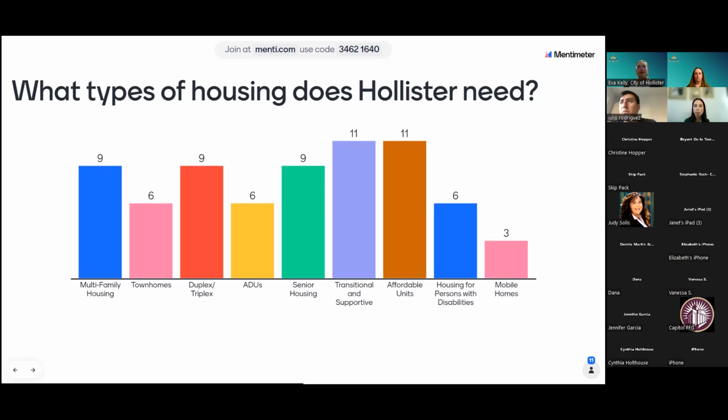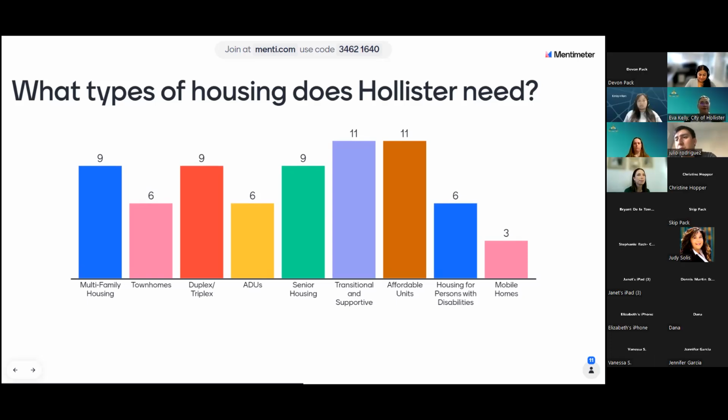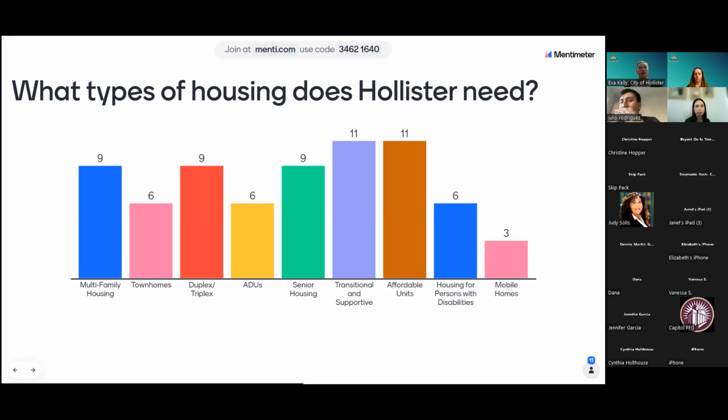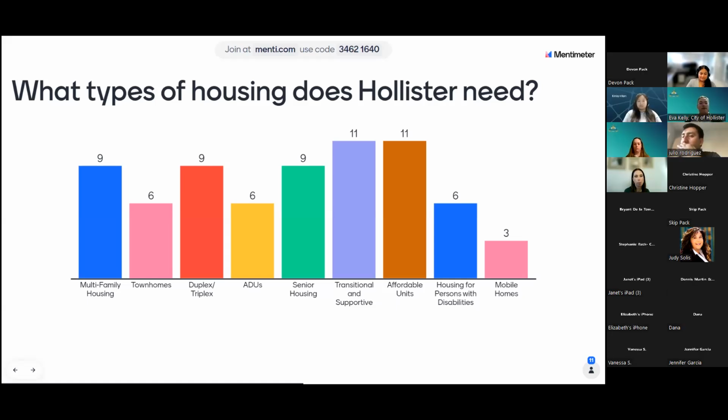I just heard someone. Yep, Devin, please go ahead. I just wanted to comment also, one thing that we're needing, with the above market rate houses that are being produced, what we're lacking is housing for vital aspects of the workforce. By that, I mean nurses, health workers, police officers, firefighters, teachers.